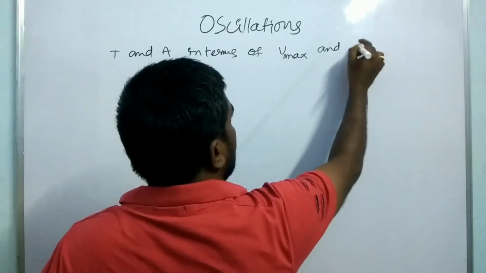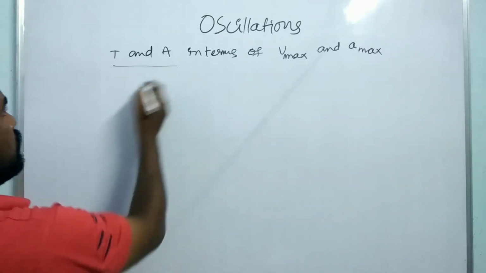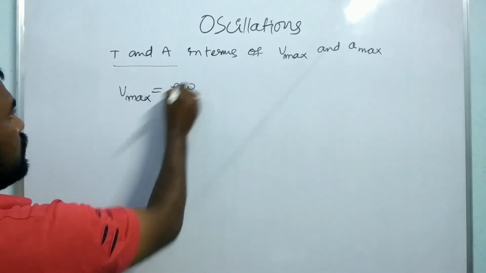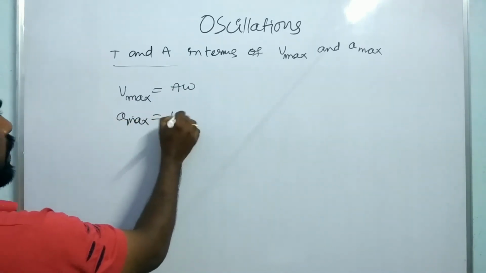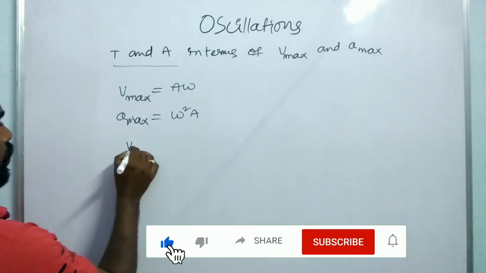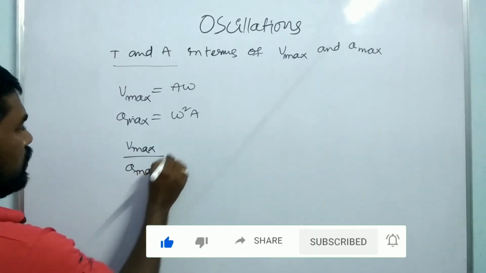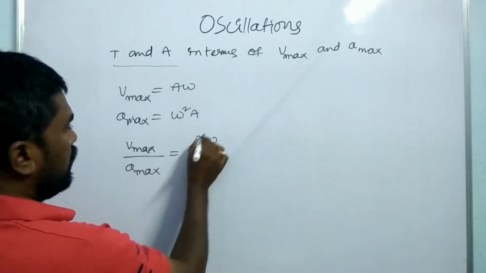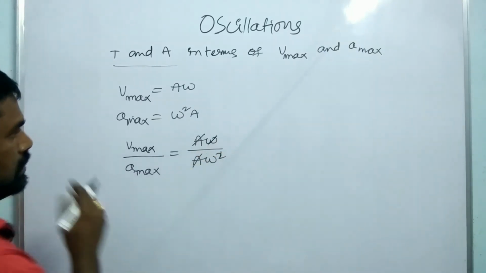So A maximum is the acceleration. Okay. So here V maximum is equal to A omega, and A maximum is equal to omega square A. Now V maximum by A maximum is equal to A omega by A omega square. A and A cancel, omega and omega cancel.